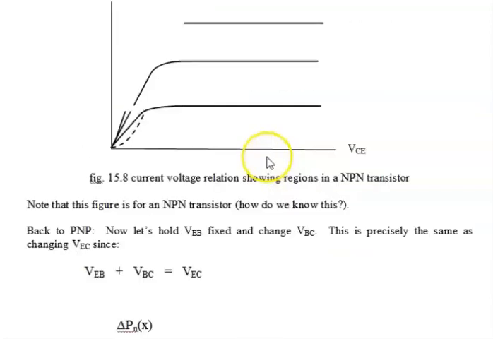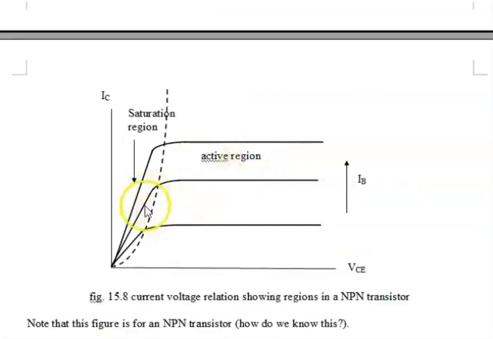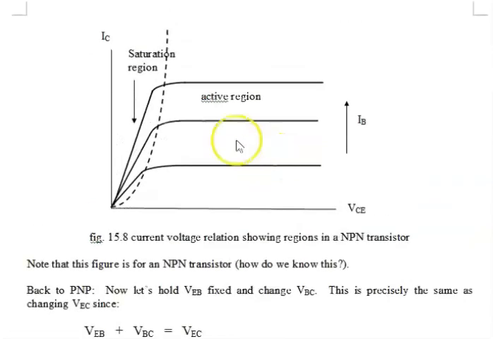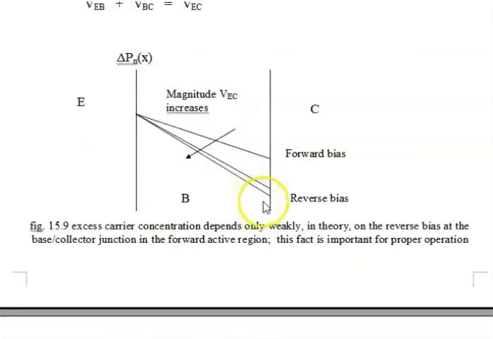Now, for a forward bias, we would be somewhere in here. As we move into more and more of a reverse bias, the curve sort of falls over and we become more and more horizontal, until we get to a point where we're completely horizontal, and as much as we increase the reverse bias, the current does not change.